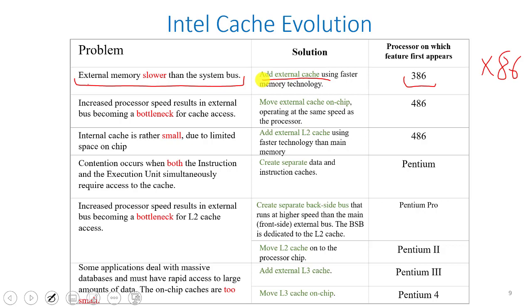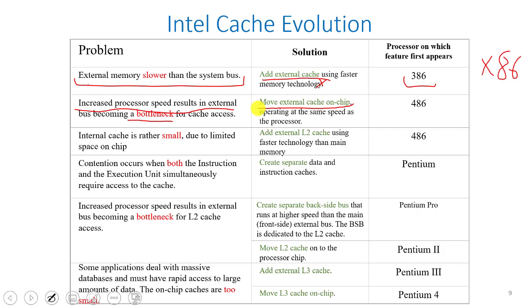Then, although we added this cache here, increased processor speed resulted in external bus becoming a bottleneck. Yes, we added cache, but CPU is getting faster, cache is a little bit slower. So they said, we have another problem. So the solution was move this cache on the chip, meaning inside the CPU, we have one cache.